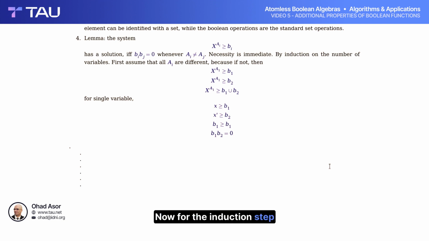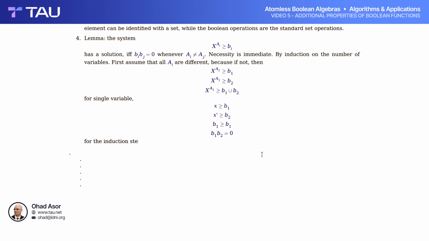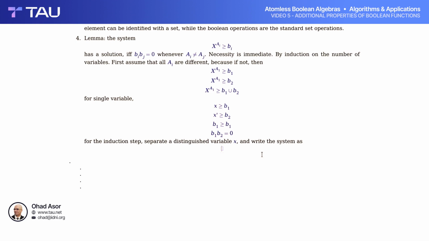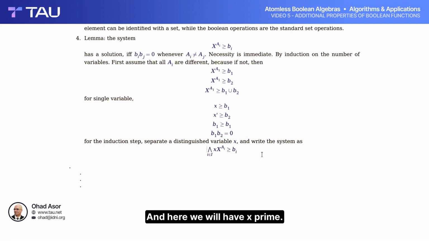Now for the induction step, separate a distinguished variable X. So suppose X is now not part of capital X, as we shall see, and write the system as, so we have a system of the form: for i in I, X times X to the AI greater or equal BI, it's not the same B. And here we will have X prime.